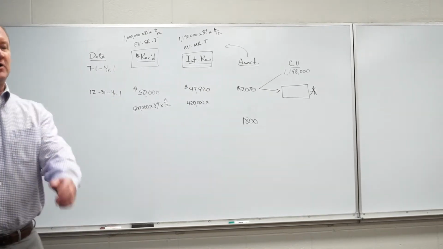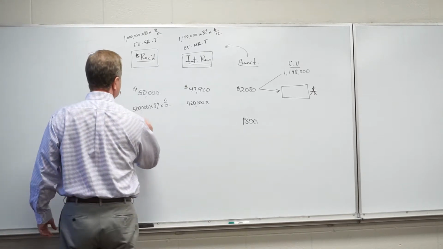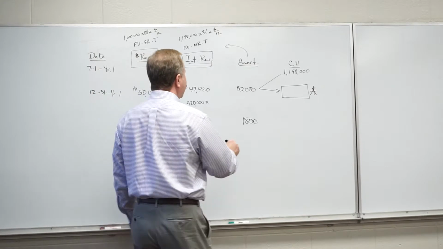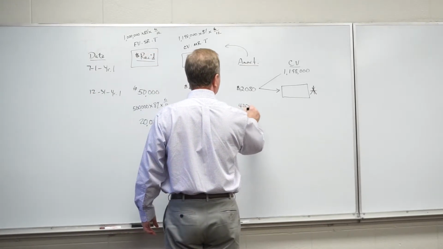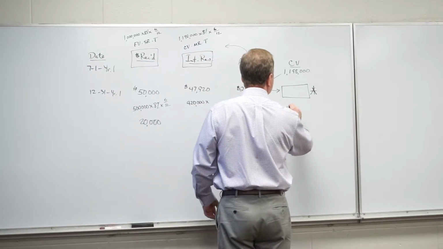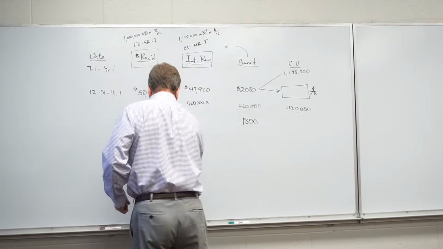Okay? So obviously we have enough to do the amount of cash received. 500,000, 40,000, 20,000. And if this started at 420,000, oops, I'm sorry, I put that in the wrong place. This needs to go there.